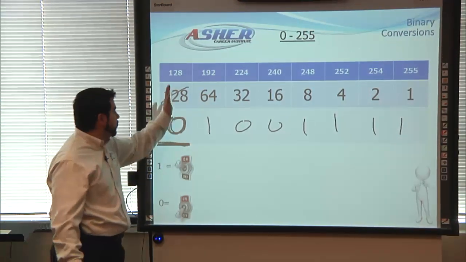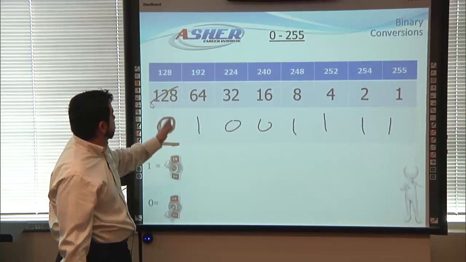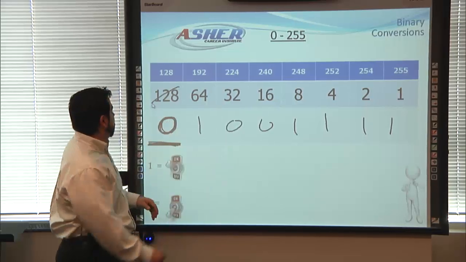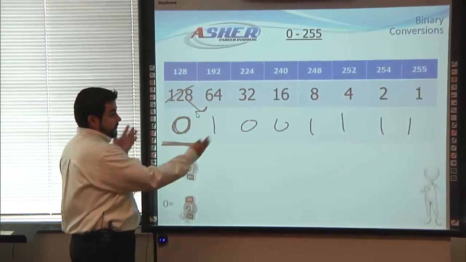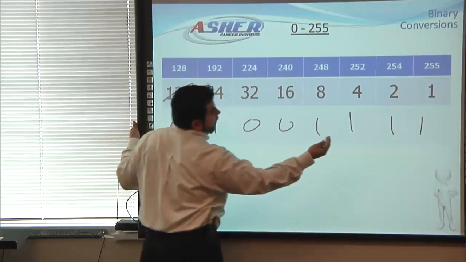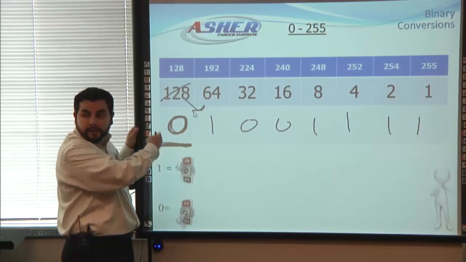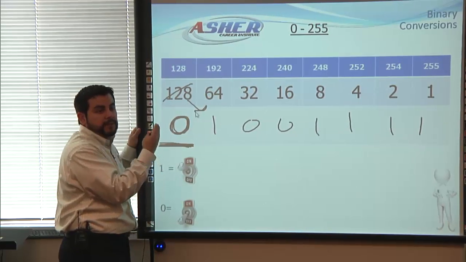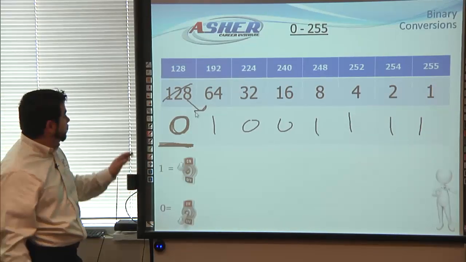If we can't use this number, then we'll never get a number higher than 128. We'll get 64, 92, 127, because all of these down are 127. We can have 0. So that's why the address range is 0 through 127, because we can't use this first bit. This first bit is blocked off, and Class A's do not use it.